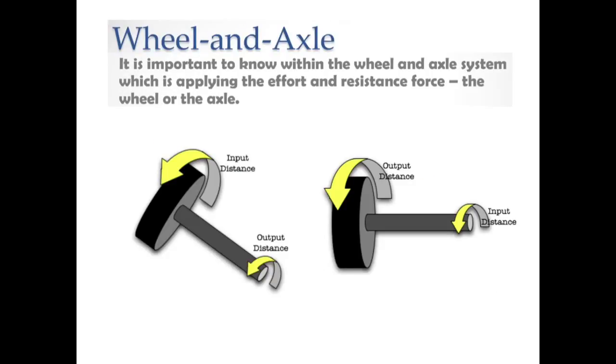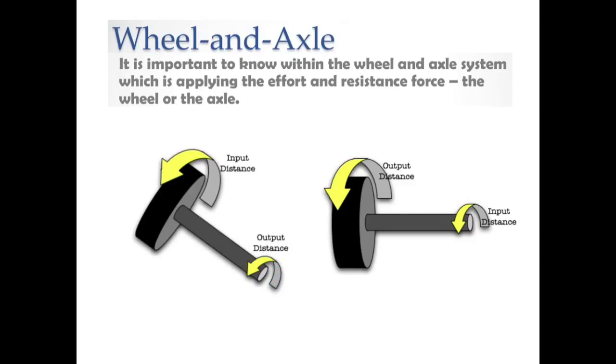When finding the mechanical advantage for a wheel and axle, it is important to know within the wheel and axle system which is applying the effort and resistance force, the wheel or the axle. For a larger mechanical advantage, you would want to put your resistance force here on the axle. That output distance is going to be smaller.